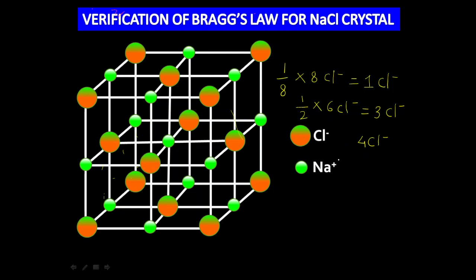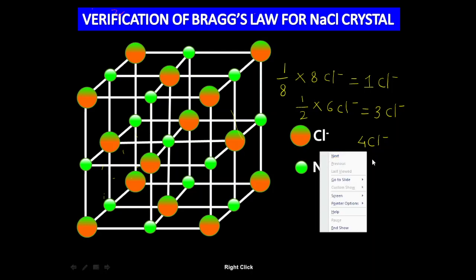Similarly we will calculate the number of Na+ ions present in this structure. There are 4 edges at the upper face, 4 edge centers at the lower face, and 4 edges in the middle face. So there are 4 plus 4 plus 4, 12 Na+ ions present at edge centers.